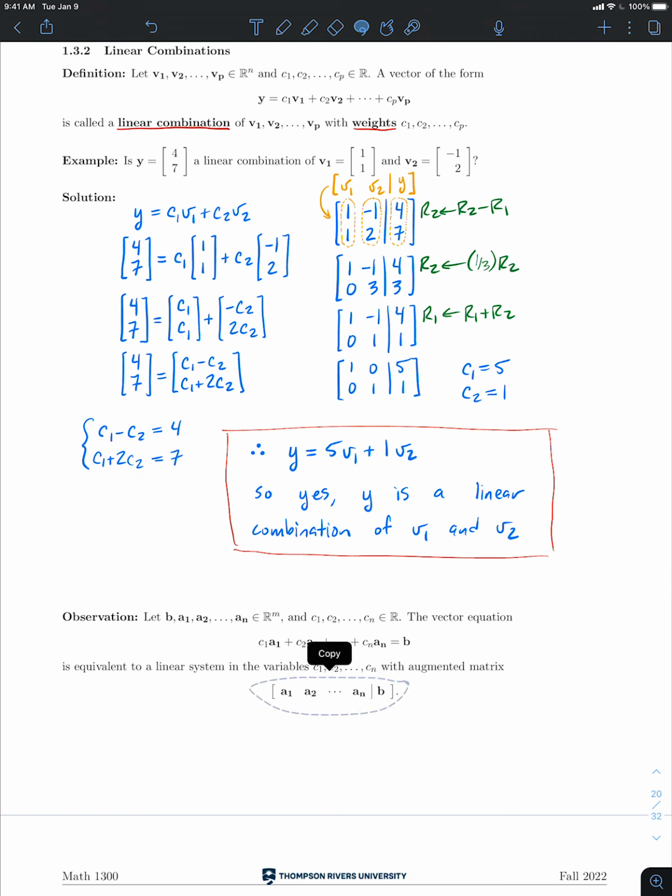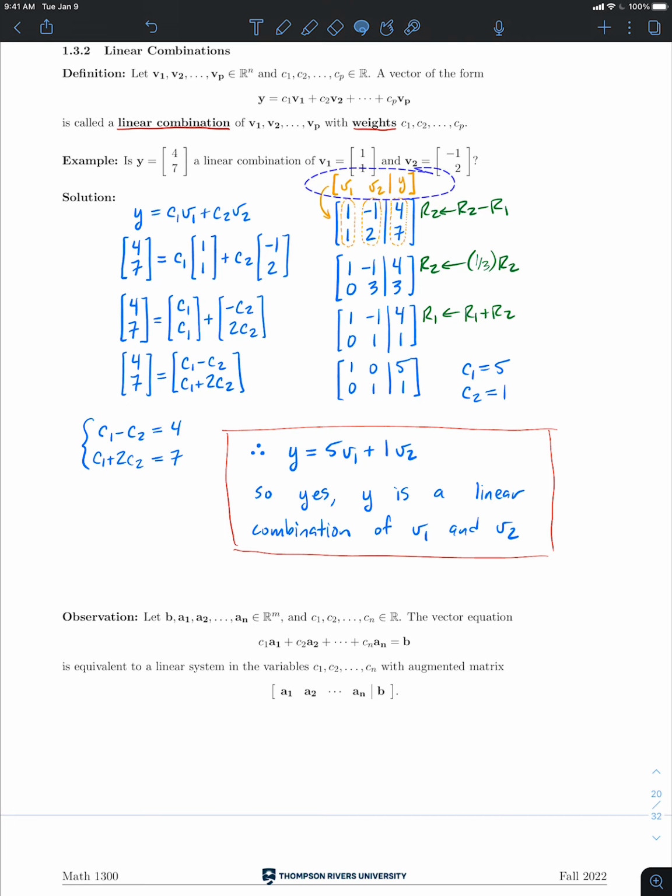This is the abbreviation of an augmented matrix, which is equivalent to a linear system, which is equivalent to this vector equation. Just like in our example, we had a vector equation equivalent to a linear system, and that linear system was equivalent to an augmented matrix. That's what's going to happen in general, and if you refer to the example, you can see what it looks like in a specific case.